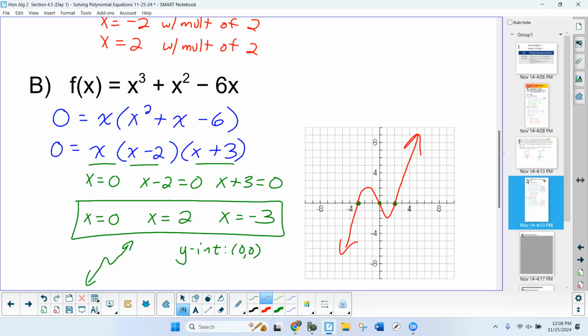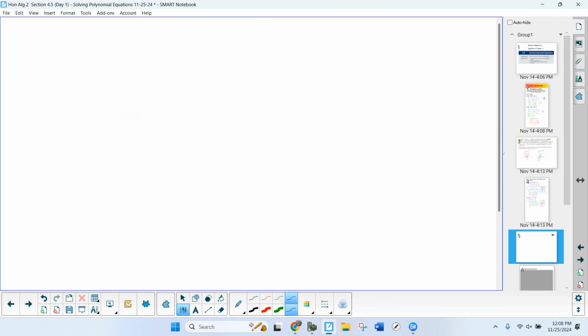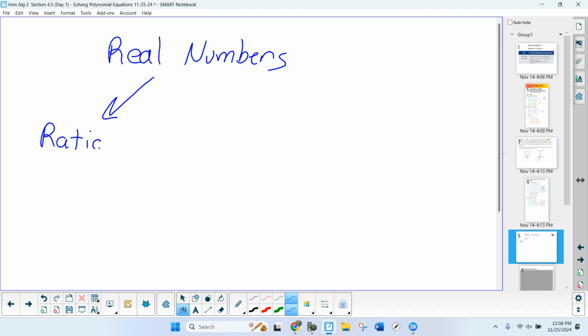All right, now for 1 minute, I want to talk about your number system, okay? You have real numbers, and real numbers consist of numbers that are rational. What are rational numbers? Numbers that can be written as a fraction. For example, 5 can be written.